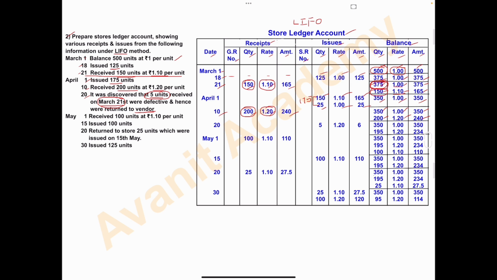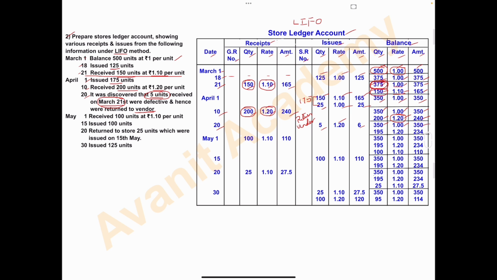Return to vendor entry will appear in the issues column because the goods go out of the store. So April 20th, return to vendor. Rate per unit, take this 1.20. 5 into 1.20, amount is rupees 6. Write the balance: 350 as it is, rate per unit 1, 350.